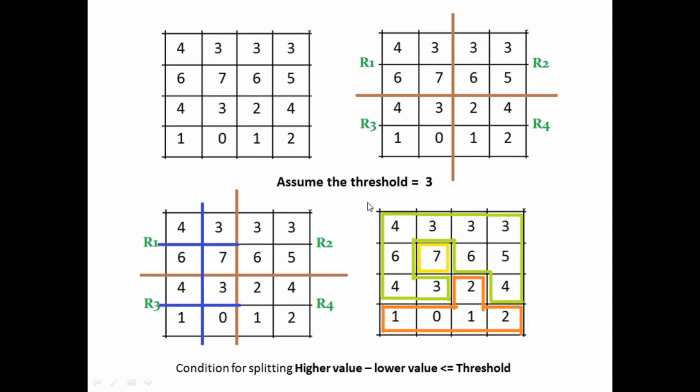Let me take a small example here. You can see I am doing a split and merge technique for the given 4x4 input image. This 4x4 input image has different intensity values, in a 4x4 matrix representation.